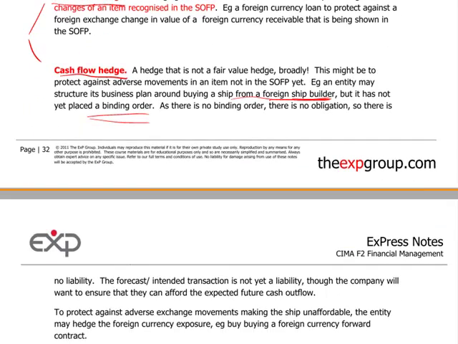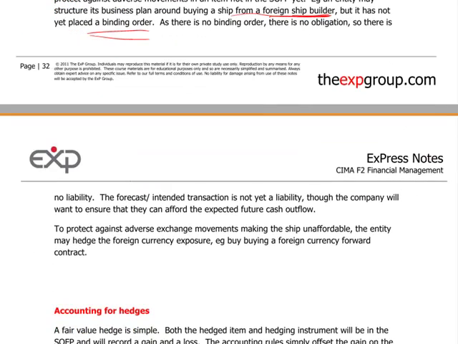Although you have no obligation, you are doing a business plan, and what you can do to protect against this particular potential cash flows volatilities due to foreign exchange, and in order to make sure the purchase is still affordable, the entity should hedge the foreign currency exposure, for instance buying a foreign currency forward contract.